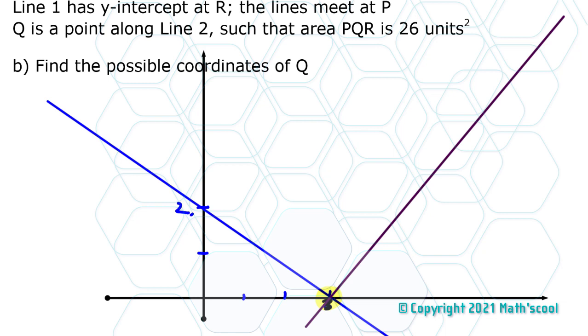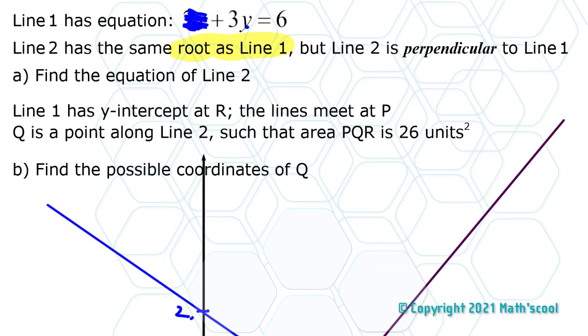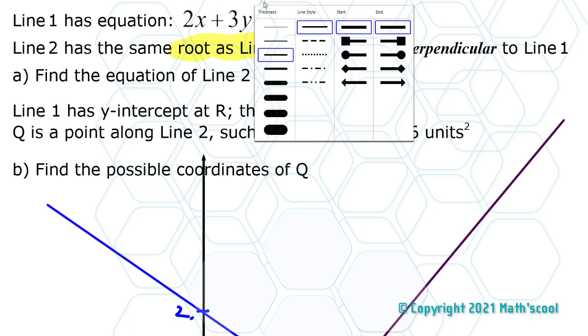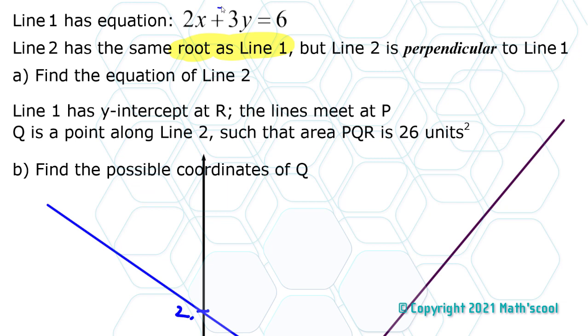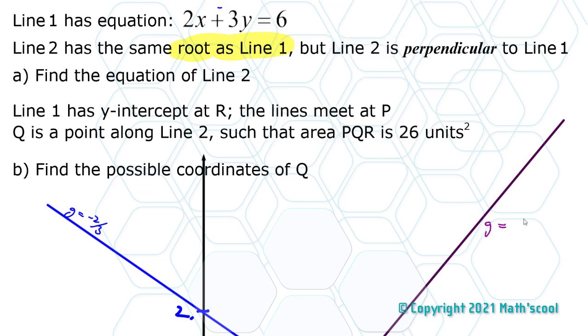Let's put my perpendicular in. Let's draw the foot of my perpendicular here. Now, I know that line 1 has a gradient of minus 2 over 3. So that tells me instantly that this perpendicular gradient is going to be the negative reciprocal. It's going to be 3 over 2.